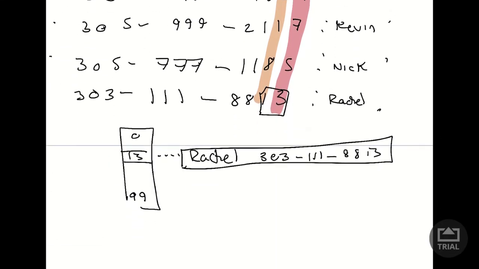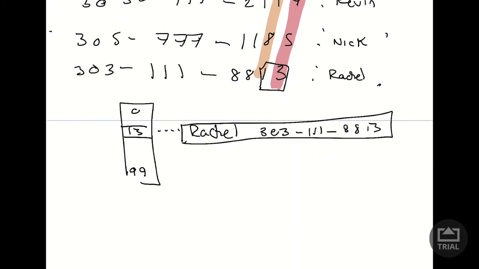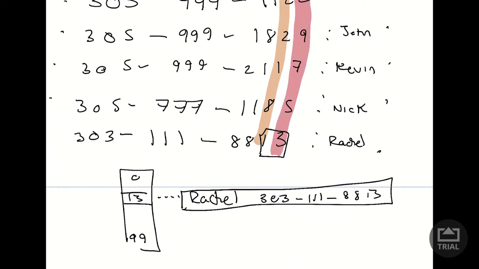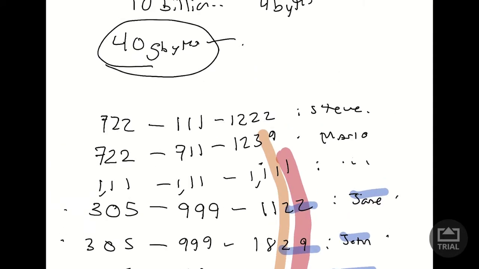We can't use this little indexing system anymore because that collides with Jane. What that means is that if I'm trying to store this in this array, well, I can store 85 for Nick, and then 17 for Kevin, and 29 for John, and 22 for Jane, and I guess this is the nameless mystery person. I don't know, and so on.